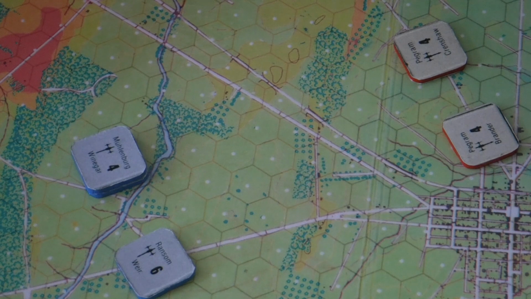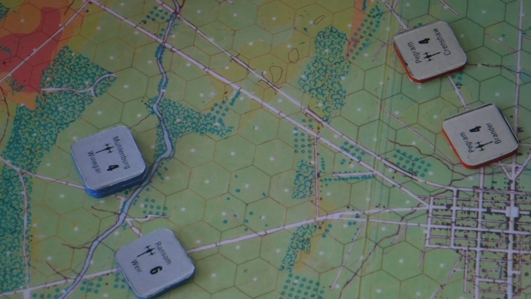29.1 Artillery fire procedure. Artillery fire is conducted in the following steps. Step 1. All cannon which occupy the same hex may be combined for fire. Cannon in different hexes by themselves cannot be combined. Step 2.